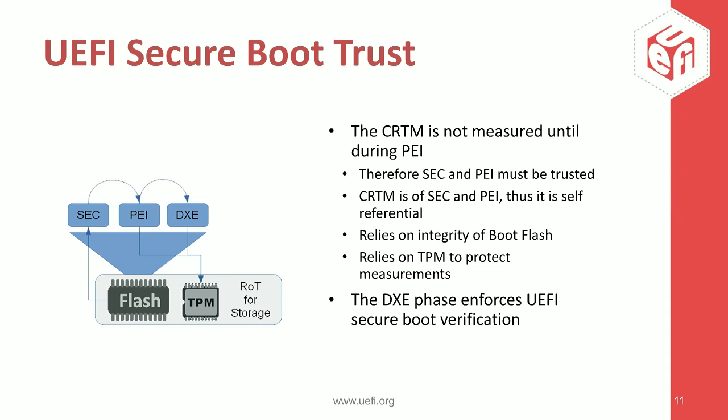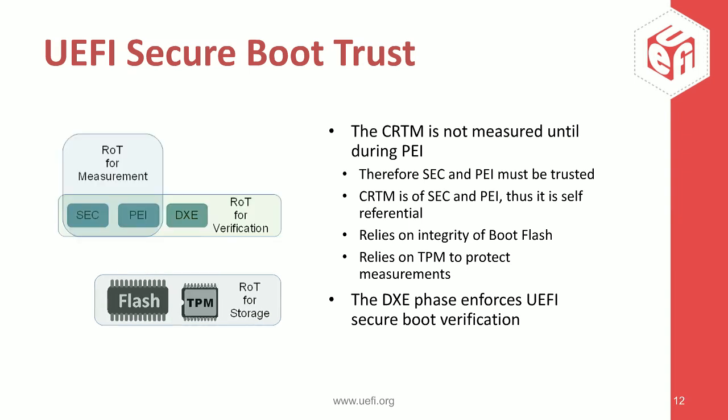So the CRTM relies on the integrity of the boot flash, and it relies also on the TPM to protect measurements. The DXE phase enforces UEFI Secure Boot verification. So in the case of UEFI Secure Boot, we have three roots of trust.